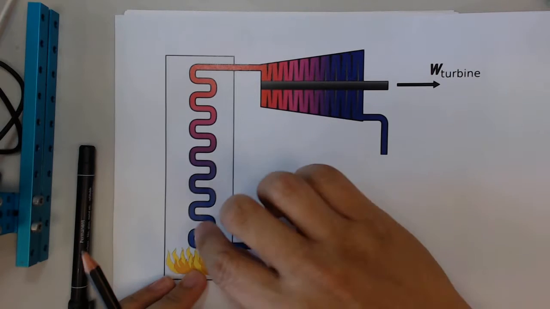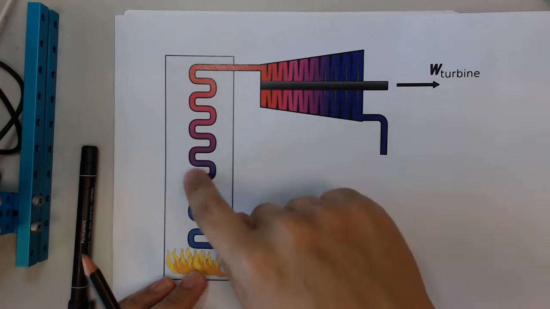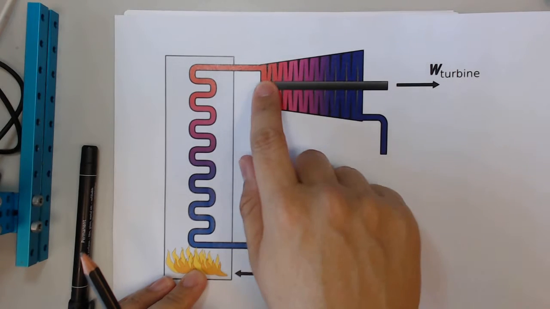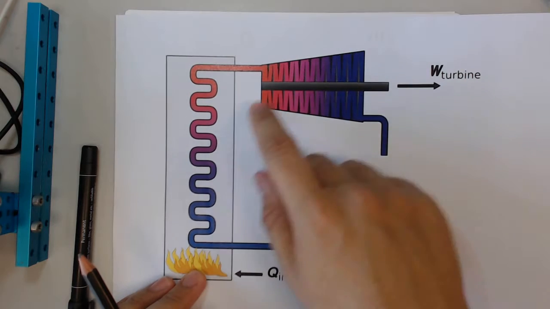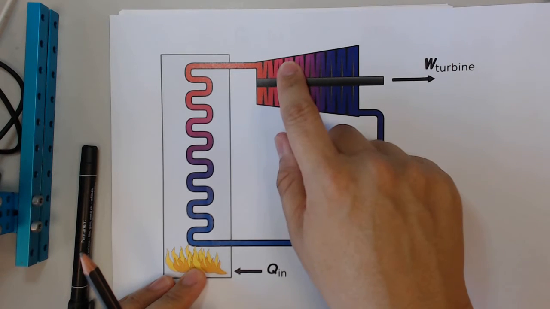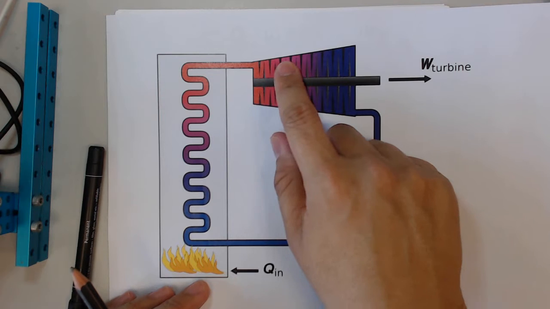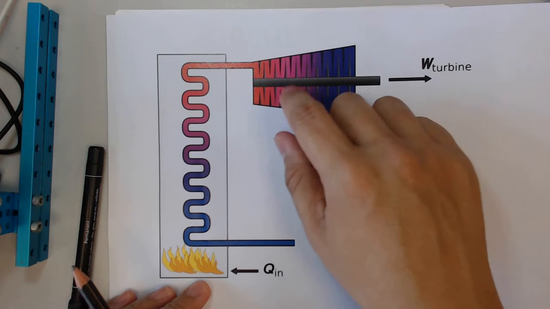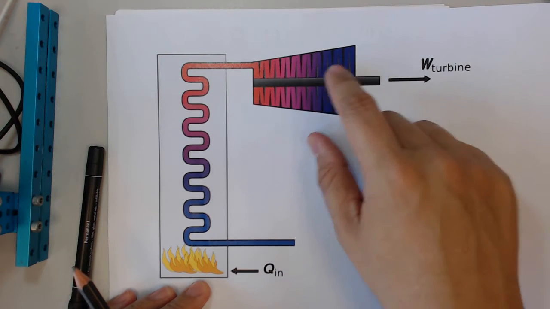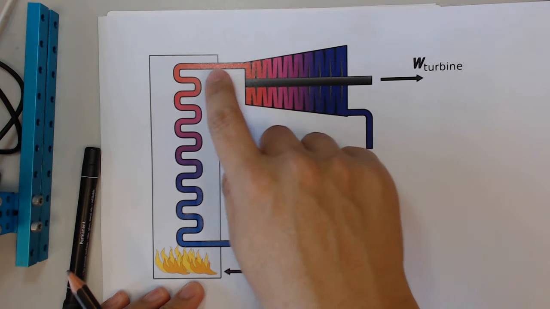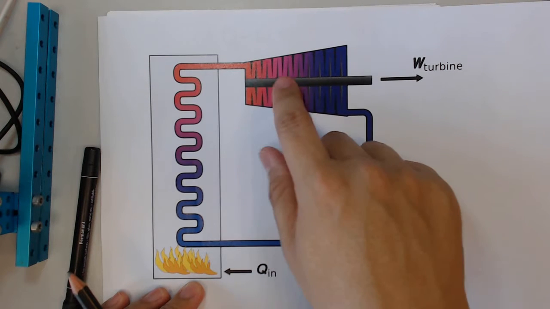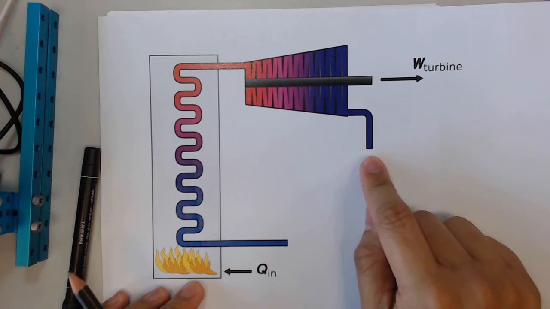It increases in its energy state, and then as it comes through here, this is actually a turbine and this is a heater. As it goes through the turbine, it will push the turbine blades around, and thus do work. So the fluid actually does work, and then it comes out.